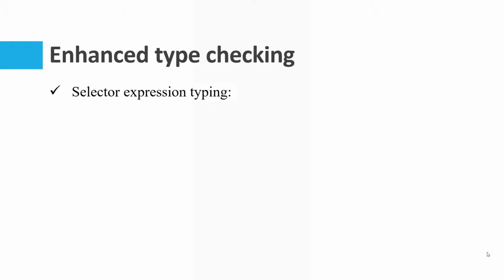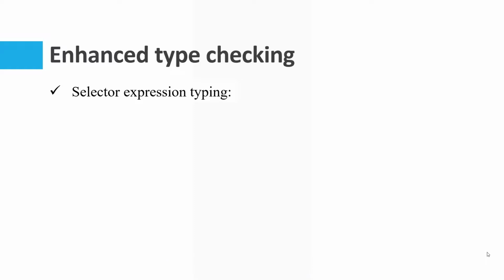Enhanced type checking. Selector expression typing. Supporting patterns in switch means that we can relax the current restriction on the type of the selector expression. Currently, the type of the selector expression of a normal switch must be either an integral primitive type, the corresponding boxed form, a string, or an enum type.